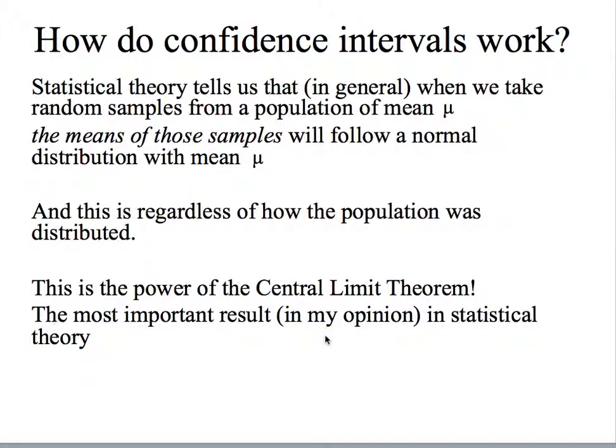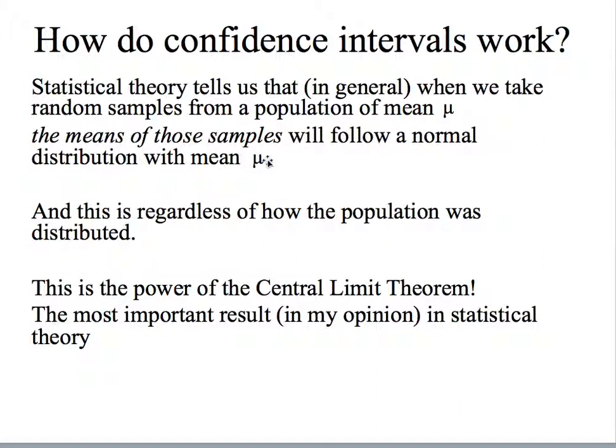Now, statistical theory tells us that in general, when we take random samples from a population, let's say a population, regardless of how it is distributed, has a mean mu. And we take many samples from that population. Now the means of those samples will follow a normal distribution with mean mu.